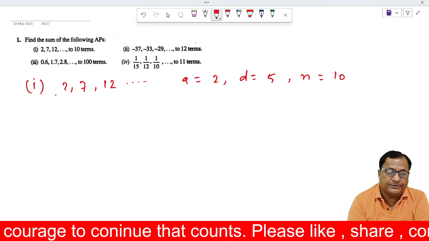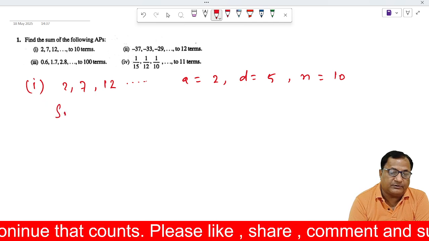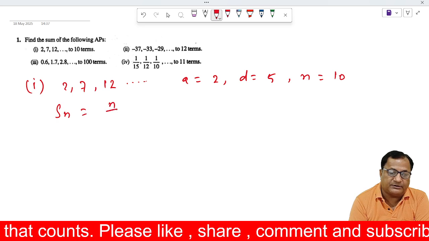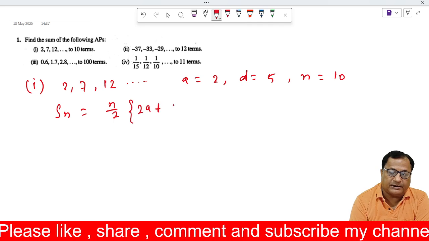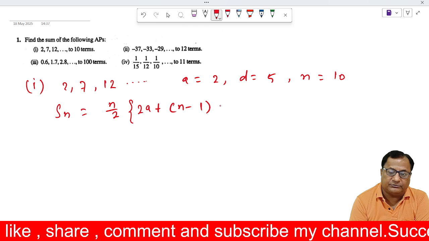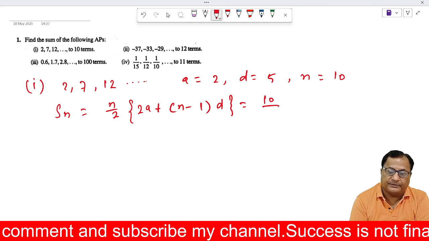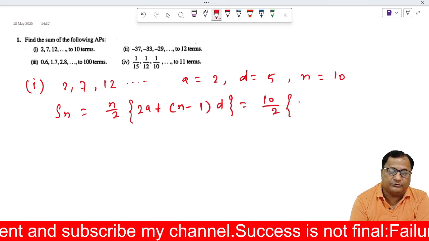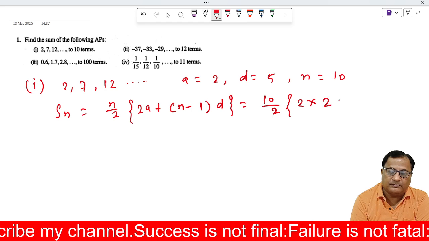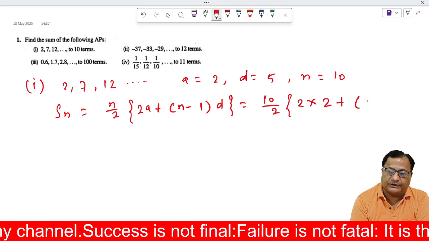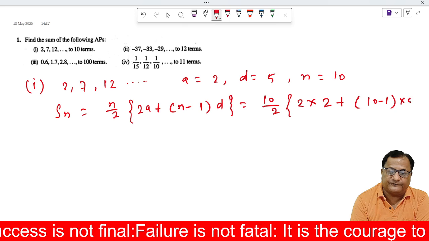So we will find the sum using the formula n by 2 into 2a plus (n minus 1) into d. Using this formula, n is 10, so 10 by 2, into 2 into a, which is 2, plus n, which is 10, minus 1, into d, which is 5.